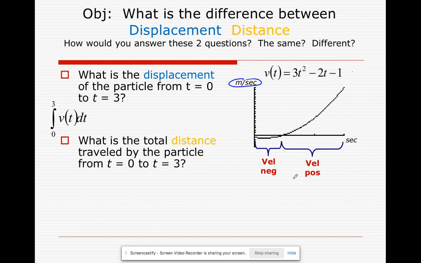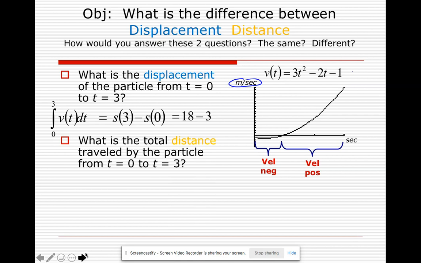You just want to know relative to where you started, how many steps does it look like you've taken from time equals 0 to 3? Without a calculator, this is a very easy function to anti-differentiate, right? t cubed minus t squared plus t, and then you would anti-differentiate that from 0 to 3. So you would plug in 3, plug in 0. Doesn't matter about c because that would cancel out.